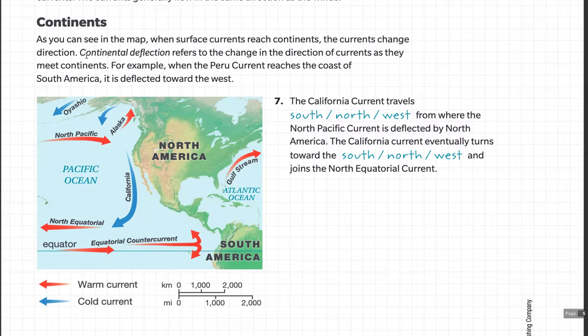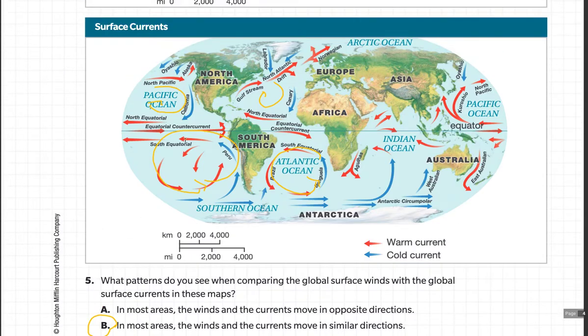They call this continental deflection, and that refers to the change in the direction of currents as they meet continents. So if you go back up here, you can see how there's places where the currents are just really steady, moving along for a long time, and then all of a sudden they hit a continent and it's got to go somewhere.